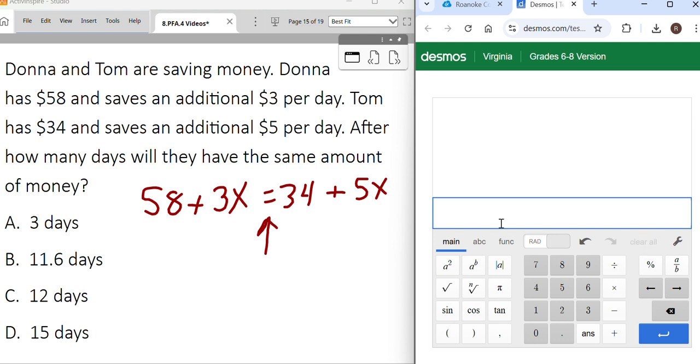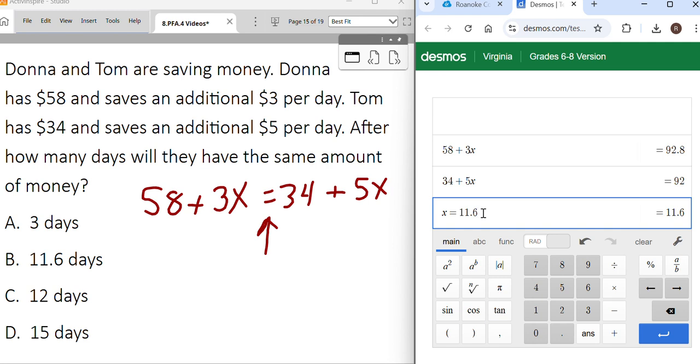Again, they've given you solutions. So in this case, I could solve it by hand, which I would just because I enjoy doing that. But you could also plug it straight into your calculator and make sure that you can find an x value that makes the two sides of the equation equal. Well, the first possible choice is 3. That didn't make it equal. The second possible choice is 11.6 days.